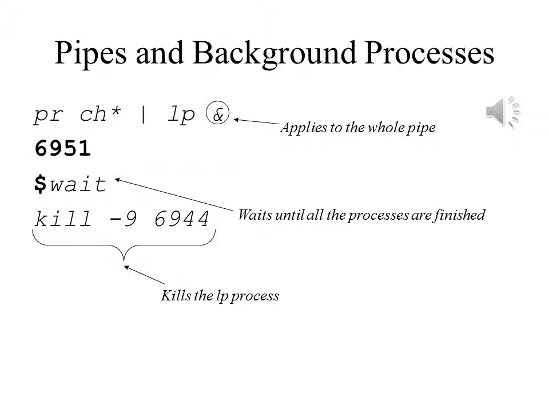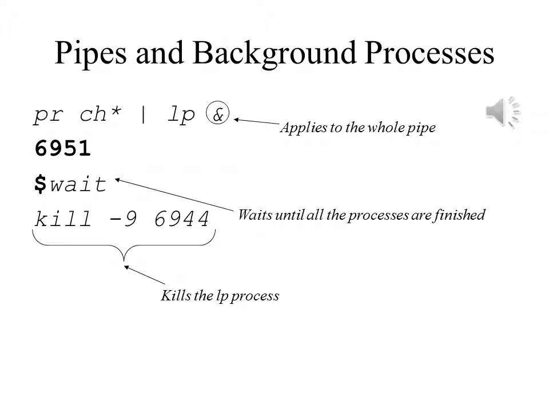In the example that we see here, pr ch* will display all of the files beginning with ch in printable format. The output we get from this is sent to the line printer, which in this case is a printer that is attached to this computer.